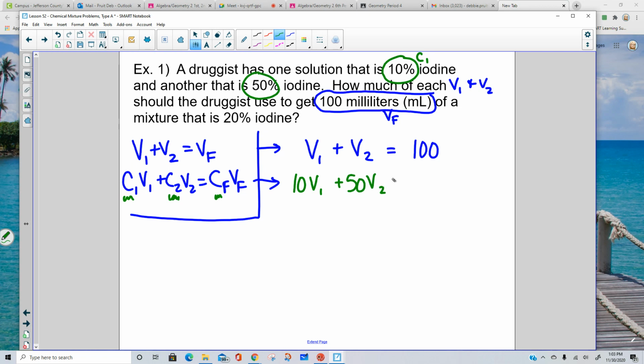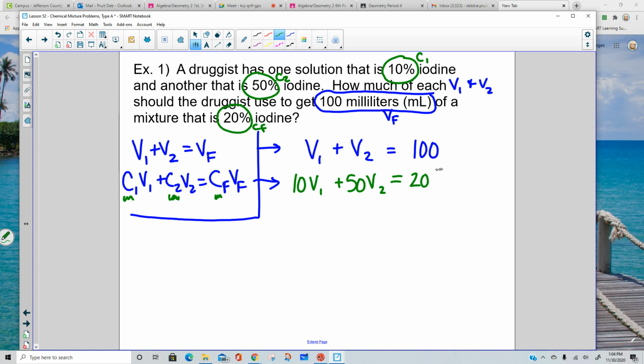So you guys need two equations, just like the coin problems. Equals, now we have to put the concentration of what we want to end up with. We want to end up with what? 20%. This is C final. I like to put my concentrations in the front just for consistency.